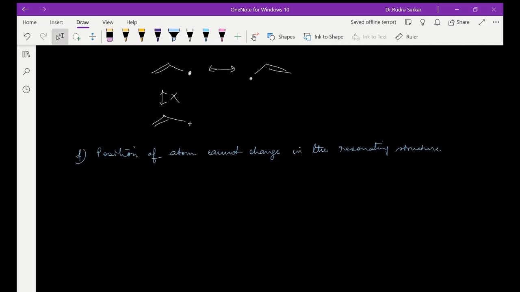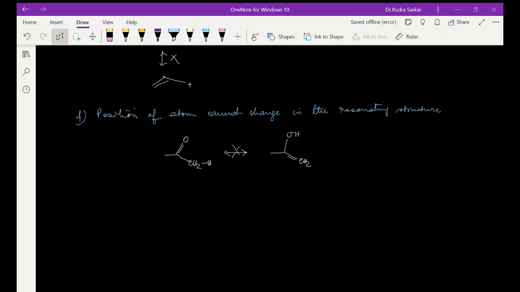Okay, so over here, in other words, we are saying tautomerism is not equal to resonance. So these two structures, as you can see over here, one which is a ketone and the other one is an enol, these two can be tautomers, but they cannot be resonating structures. Because as you can see, the position of the hydrogen has changed.